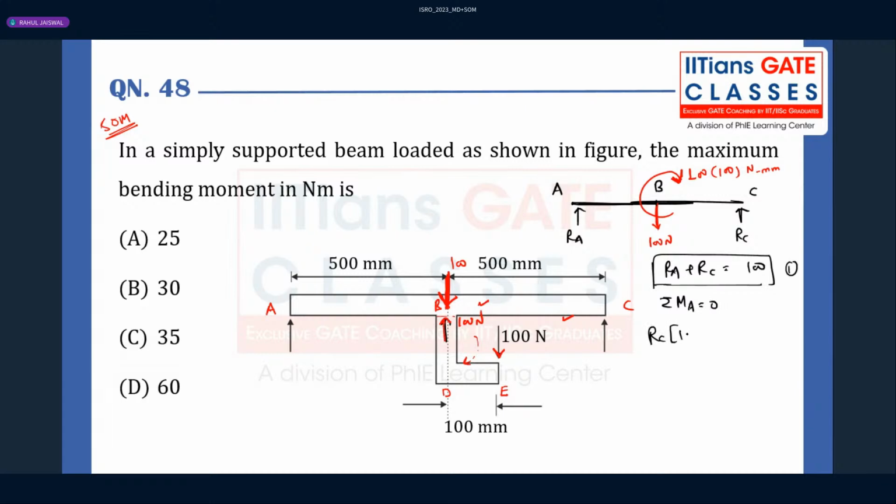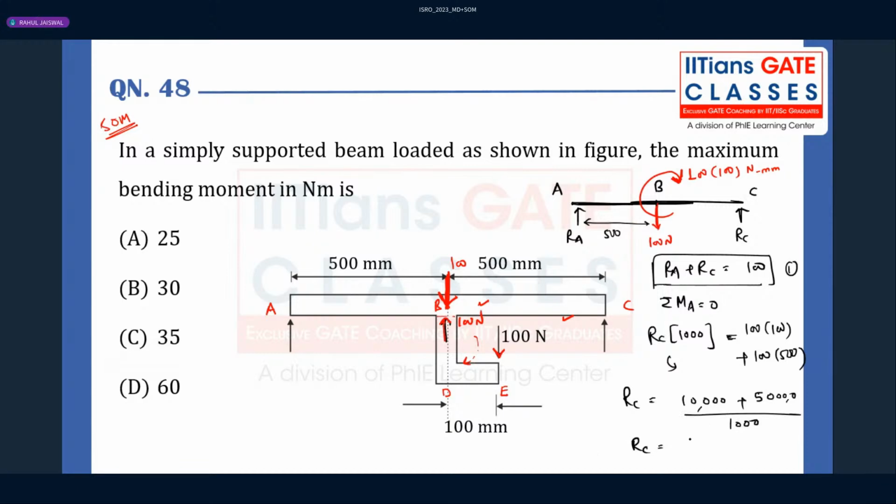Then we can write Rc into 1000. This is acting in the anti-clockwise direction. The 100 into 100 Newton mm couple is clockwise, and the 100 Newton load, which acts at 500, will also act in the clockwise direction. So both I am taking towards the right side: 100 into 100 plus 100 into 500, divided by 1000.